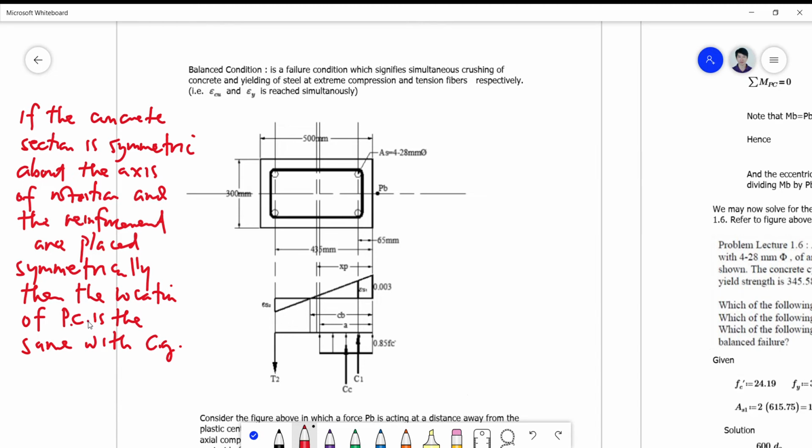Okay, the center of gravity and the geometric centroid are just, of course, the same.